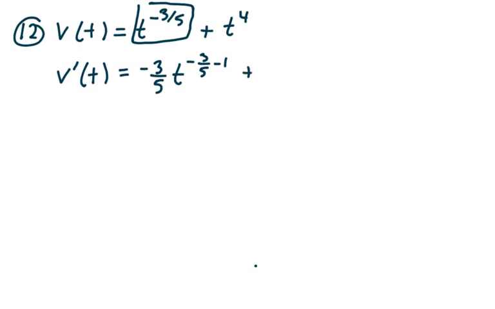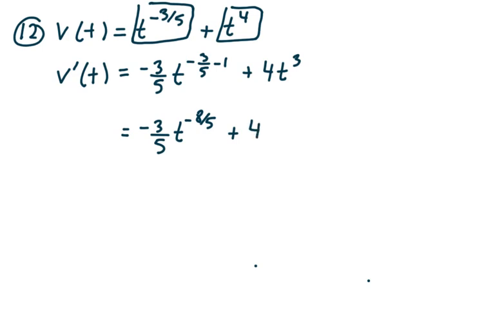And then I'm going to take the derivative of t to the 4th, but the derivative of t to the 4th is 4t to the 3rd. So this is negative 3/5 t to the negative 8/5 plus 4t to the 3rd. Now, I want you to be able to write this as a single fraction.